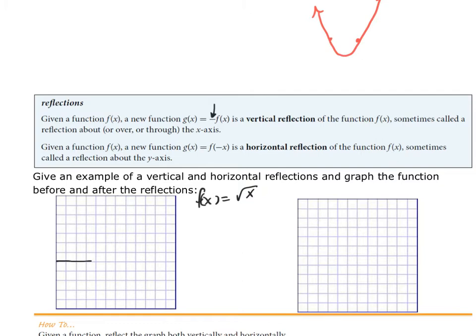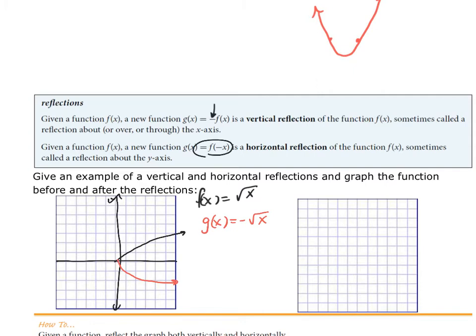Here's my f of x, and it looks something like that. Now if I have g of x is equal to negative square root of x, it takes all of my outputs and multiplies them by a negative number, so it does a reflection across the x-axis. So that's what g of x looks like.